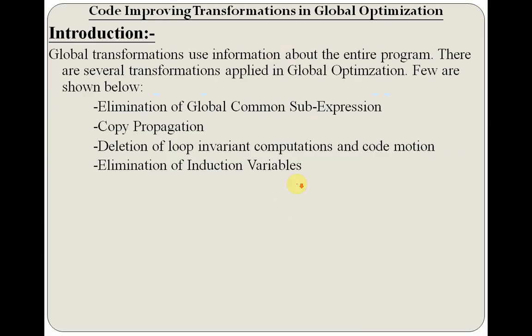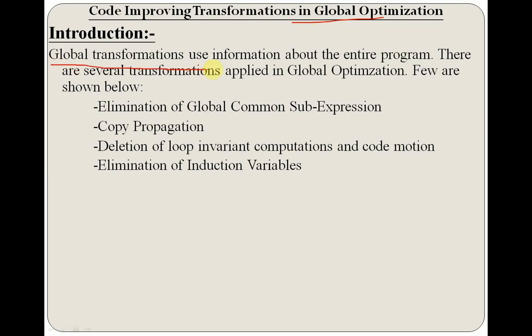See the next topic. Global optimization, or code improving transformations applied in global optimization. Global optimization means look at the total code of the program or set of blocks of the program and try to apply some modifications so that code will be minimized.